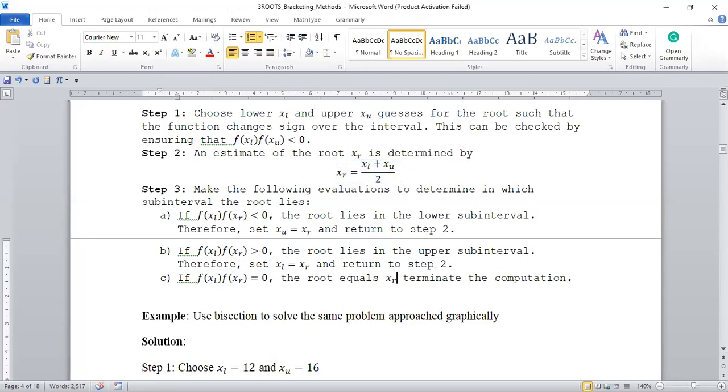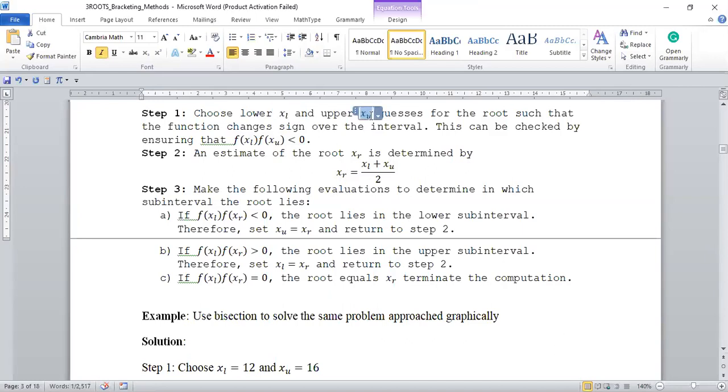That's basically the algorithm. I'm going to be using an example to explain it further. But the summary is that, first of all, you'll be given 2 initial guesses. You calculate the estimated root with this expression. Then you evaluate this expression.